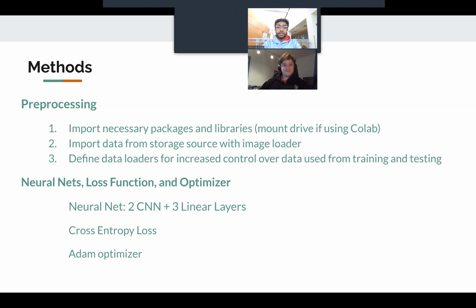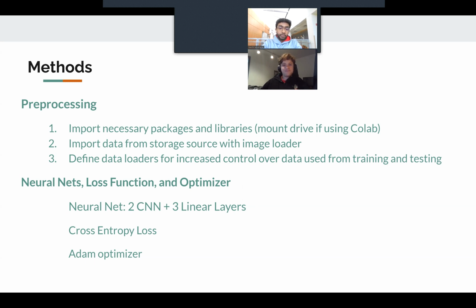And finally, we defined a data loader to increase the amount of control we have over the data that we use for our training and testing data. And finally, we defined a neural network, a loss function, and an optimizer.